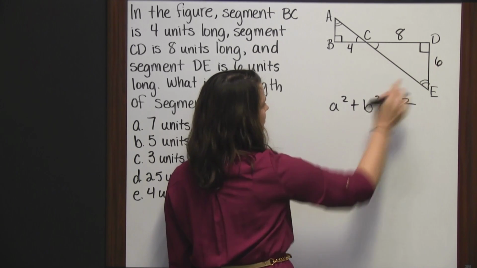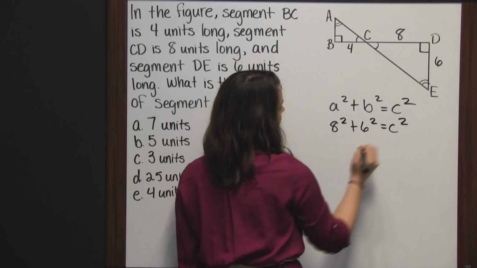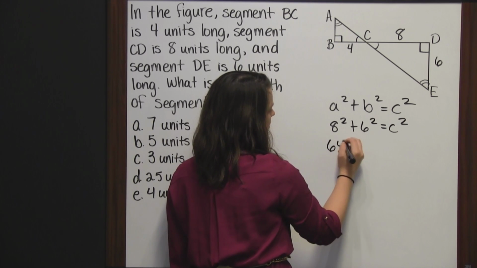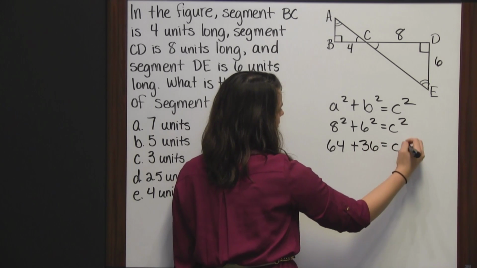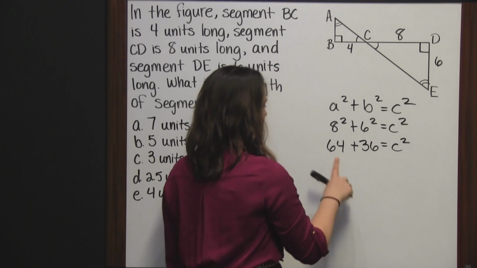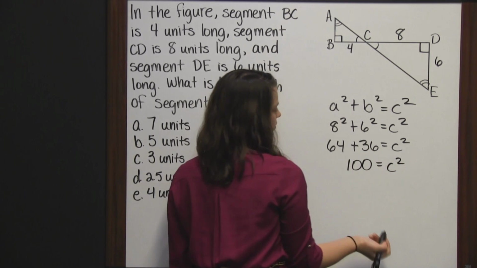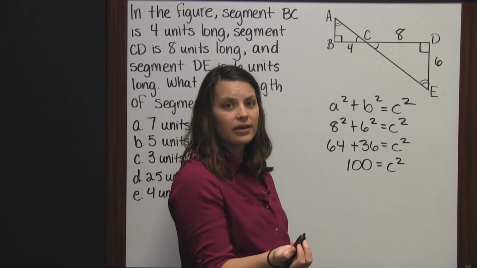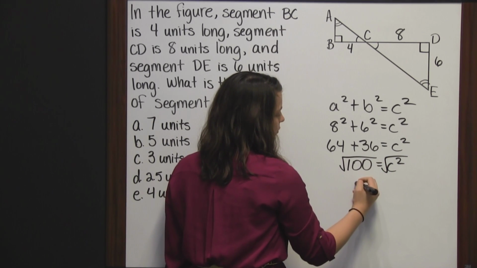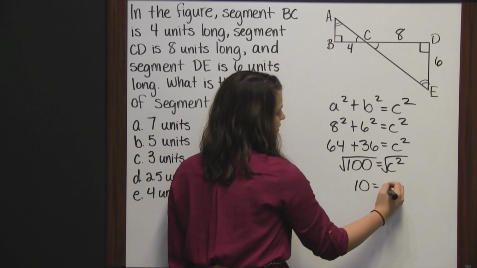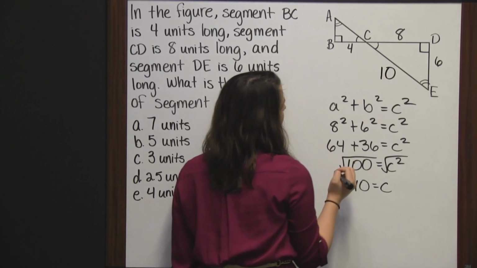We have our 2 legs. 8 squared plus 6 squared equals C squared. 8 squared is 64 plus 6 squared is 36 equals C squared. 64 plus 36 is 100 equals C squared. Then to solve for C, we need to square root both sides. The square root of 100 is 10, and the square root of C squared is C. So the length of segment CE is 10.